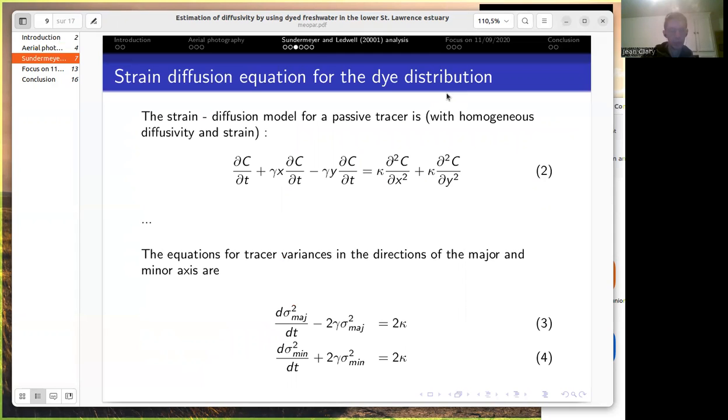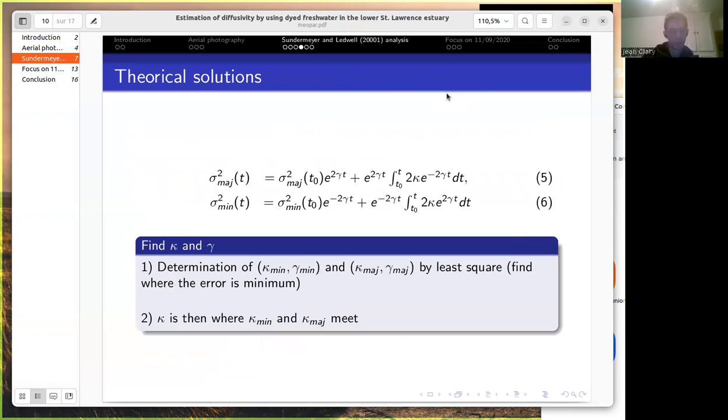After that, we use the strain diffusion model, that's equation 2, to define the equation for the variance along the major and minor axis. That's equations 3 and 4. From that, we have a theoretical solution, and the goal here is to find the diffusivity and the deformation rate.